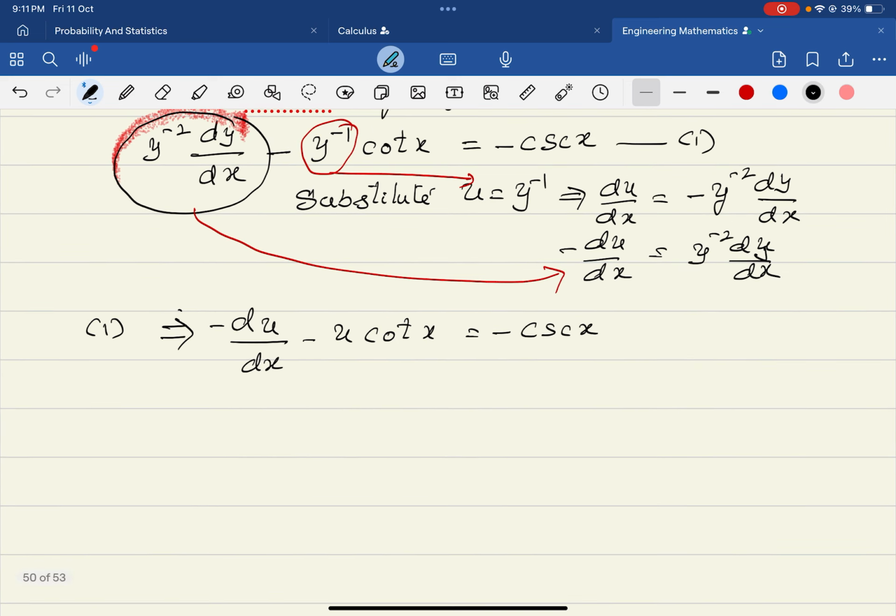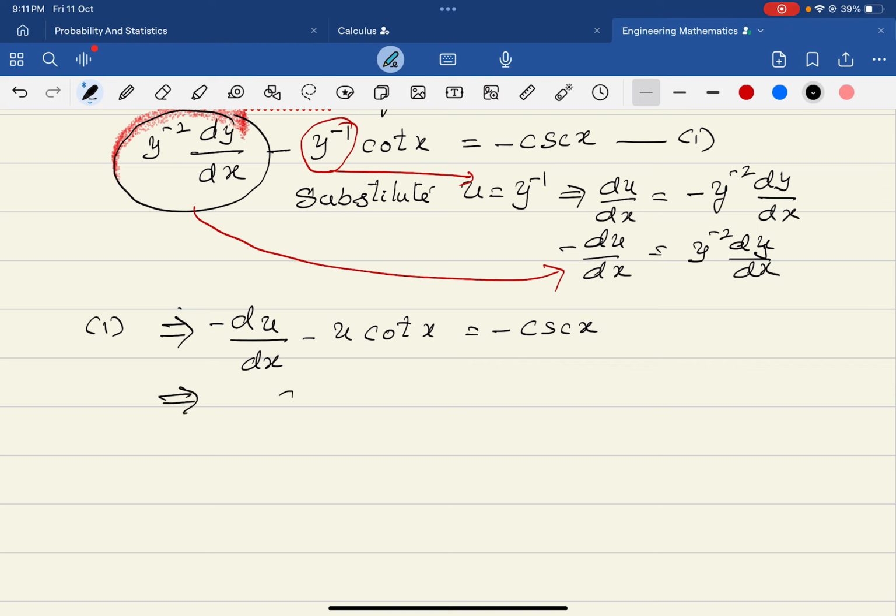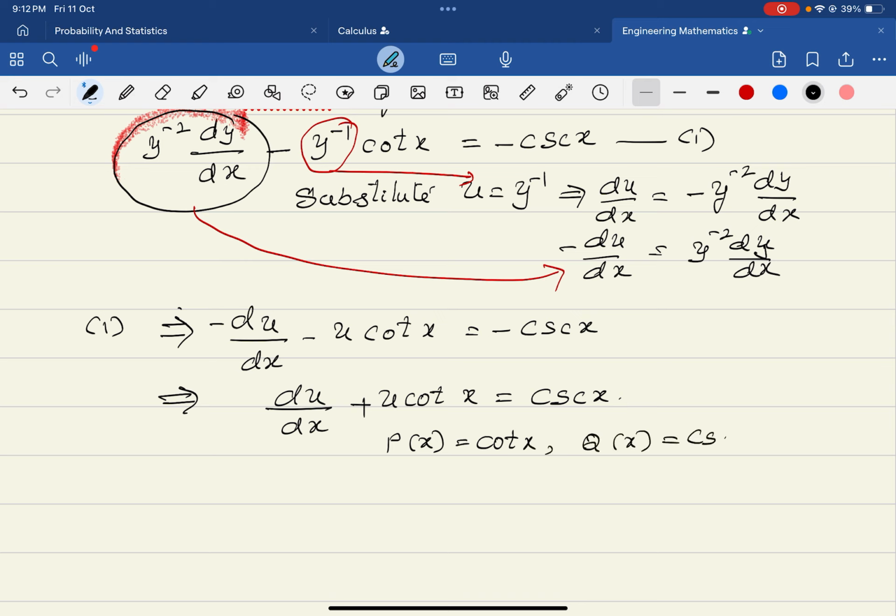So all are minus, so I can change it as plus. du over dx plus u cot x is equal to cosecant x. Now here p of x is cot x, and q of x is cosecant x. What is the integral of p of x dx?